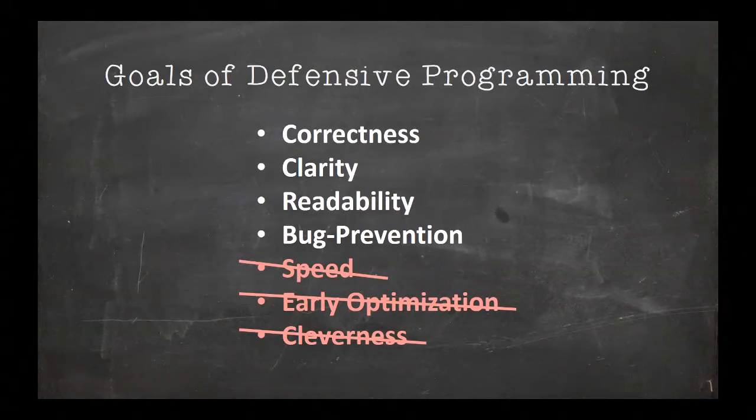So there are goals of defensive programming, and the first is correctness. And when I say correctness, your program has to do what you say it's going to do. If it doesn't do that, you've missed the entire point. I can make a fast, small program that doesn't do what it's supposed to. That's not the goal. Second goal is clarity. That means it does what it's supposed to do concisely, which brings us to readability, and the same thing there.